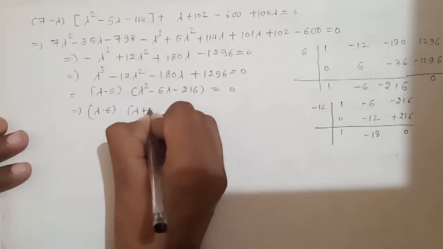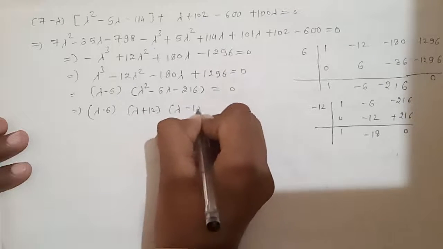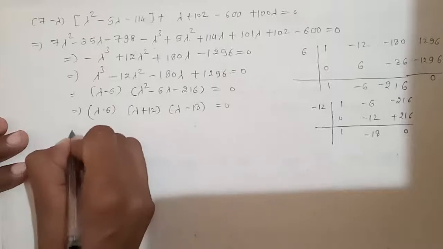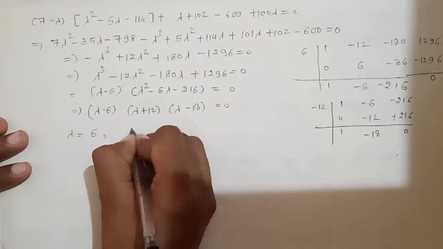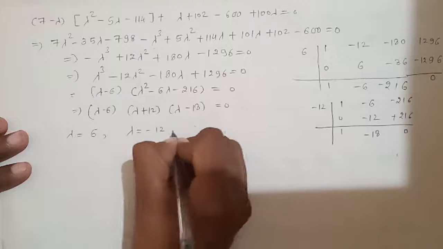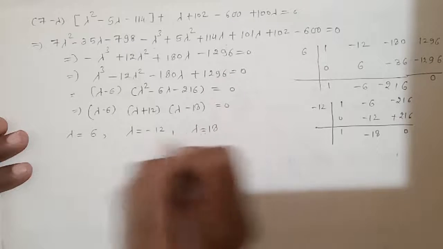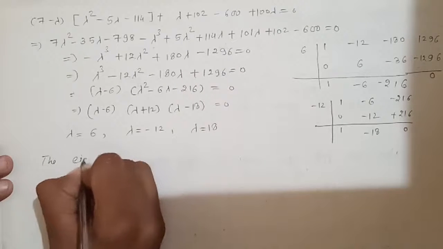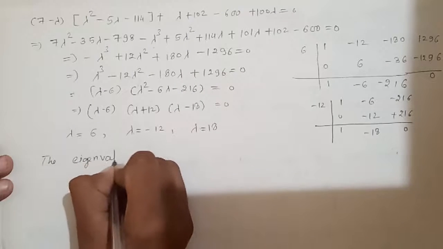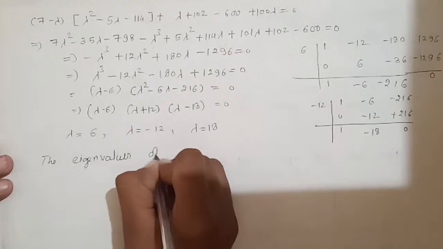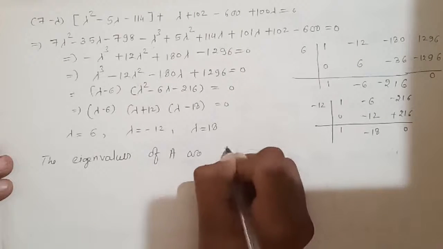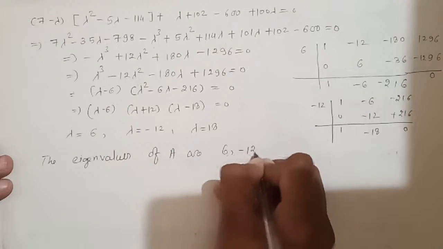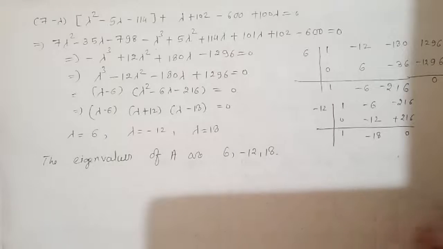So (lambda plus 12)(lambda minus 18) is equal to 0. So we have lambda is equal to 6, lambda is equal to minus 12, lambda is equal to 18 as the eigenvalues. So the eigenvalues are 6, minus 12 and 18.